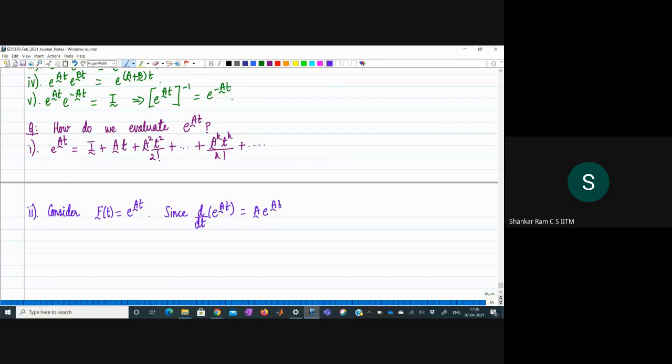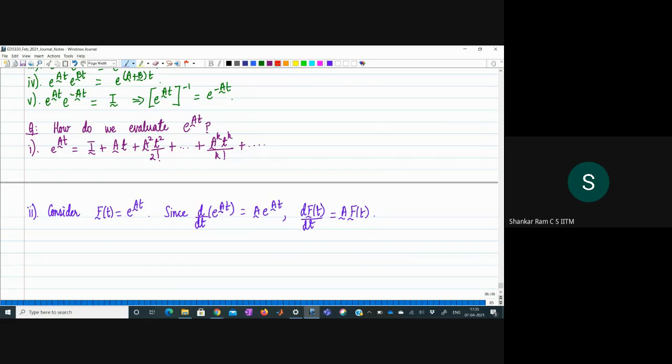This is something which we just learned, right? So we can immediately see that the time derivative, d/dt of this function, what we call f, is going to be equal to A times f of t, right? So I'm just substituting f of t for e power At. Okay? Just a notation, just a substitution as a symbol.